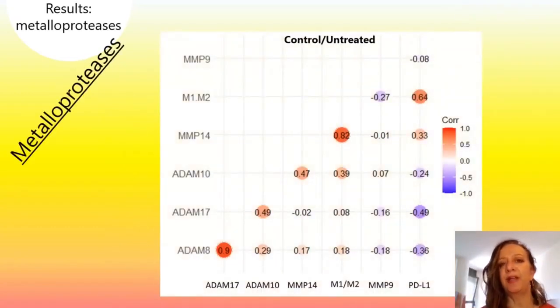Well, in this case, rather than showing individual values, we concentrated on whether those values would be correlated between them and how this correlation would change under therapy. This is still an ongoing work, and it's not straightforward to interpret due to the complex role of metalloproteases in cancer issues. But we will just highlight some correlations which appeared after treatment.